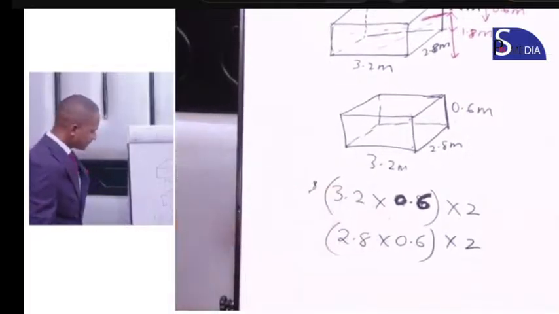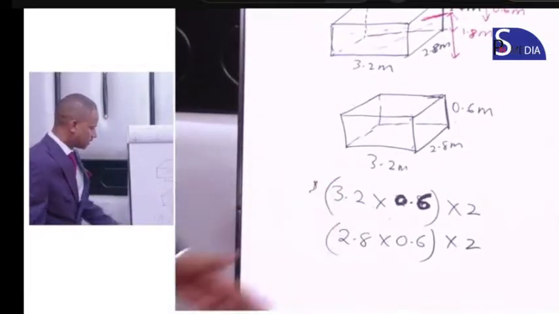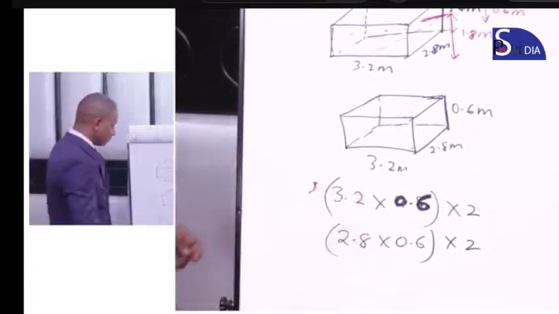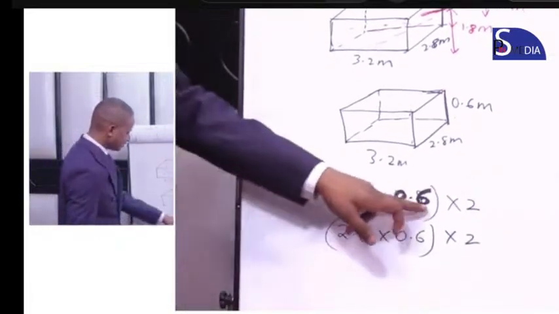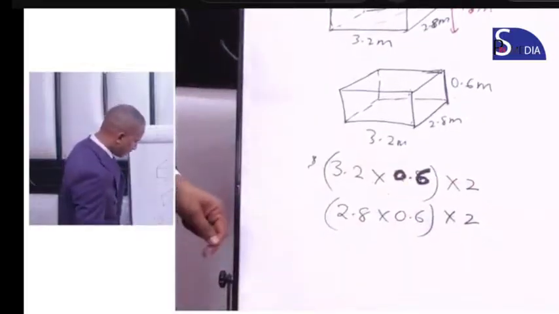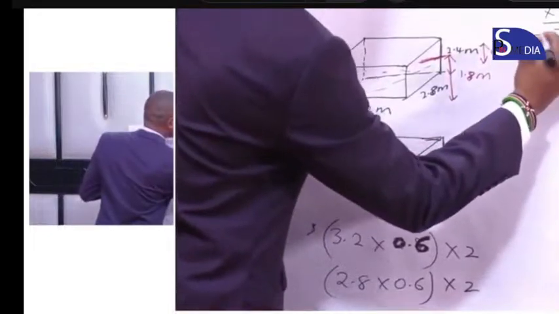So when we open this up, we just want to do multiplication, but you can use your calculator. So when we open this, it is 32 times 12.